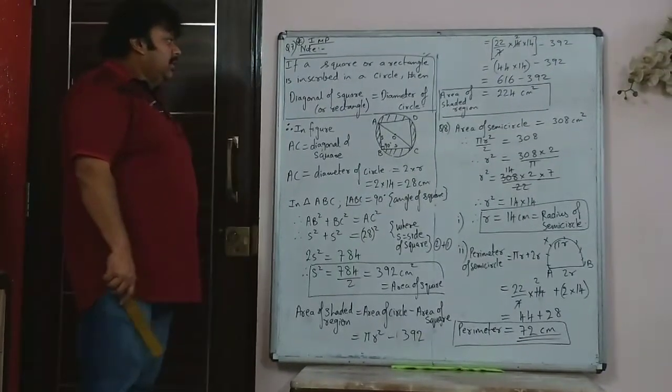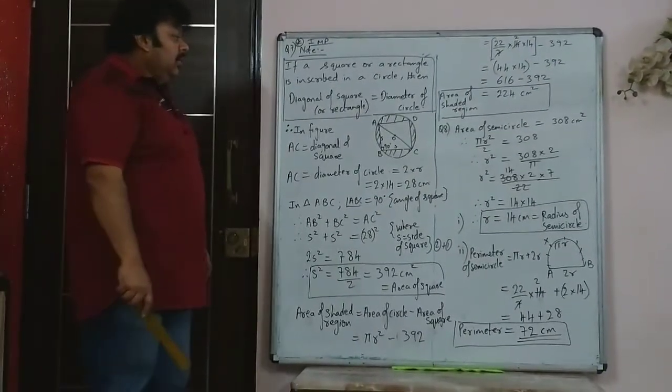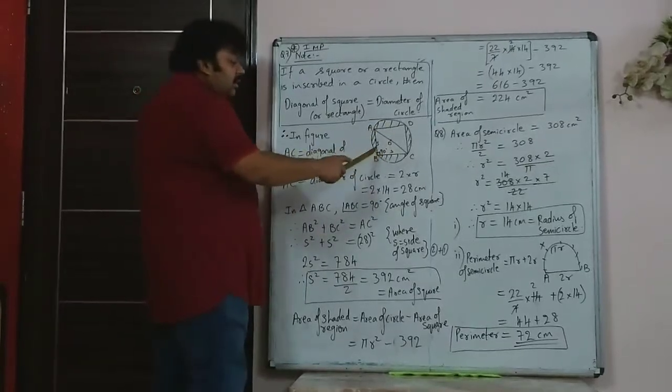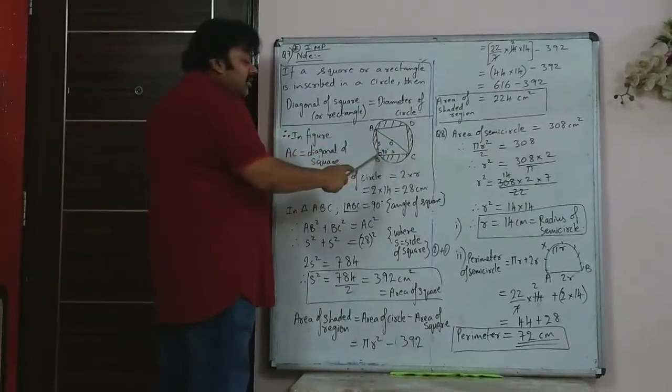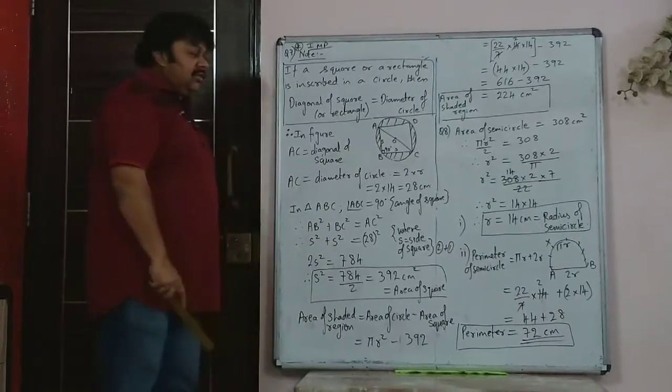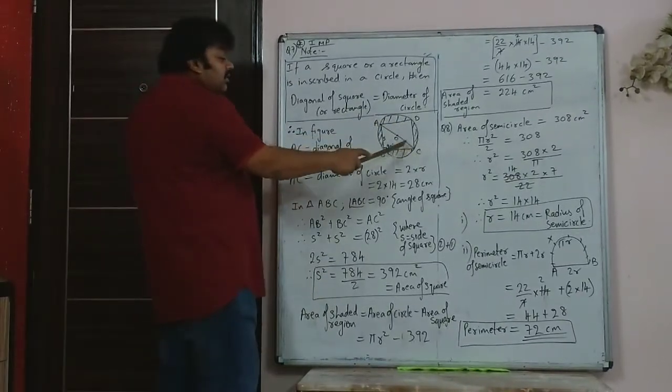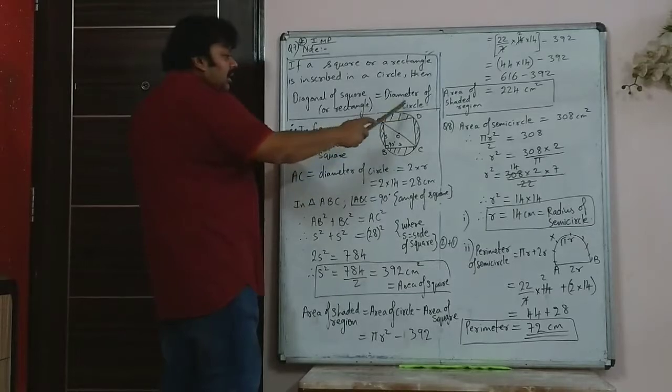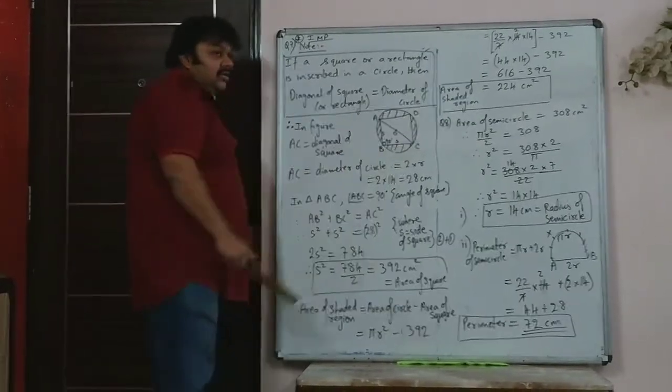Now in the next sum, that is in sum number 7, you are given a square inscribed inside a circle. Inscribed means all the 4 vertices of the square will lie on the circumference of the circle.